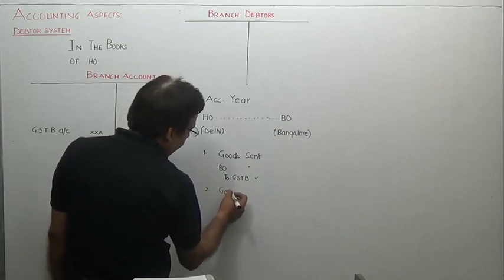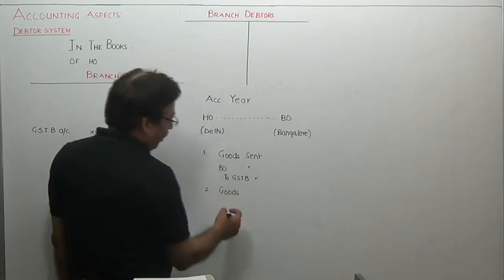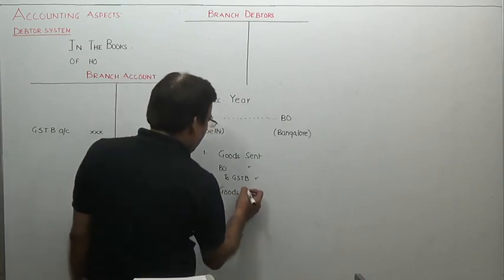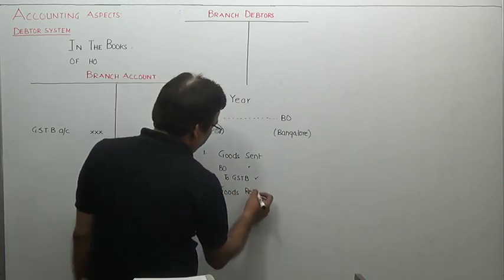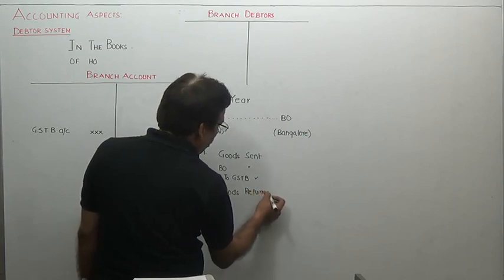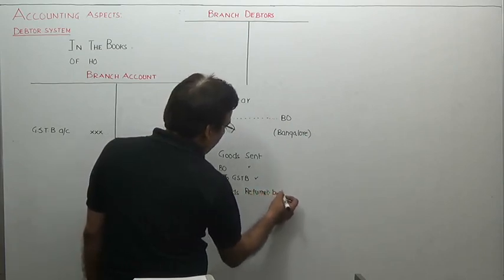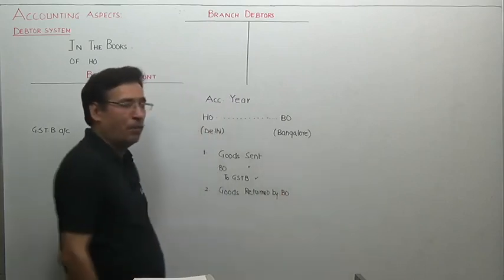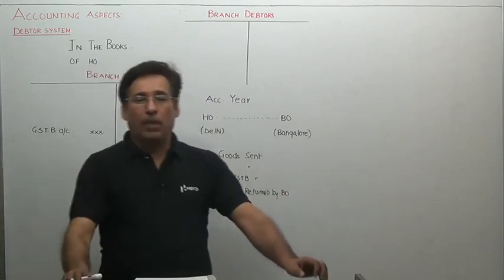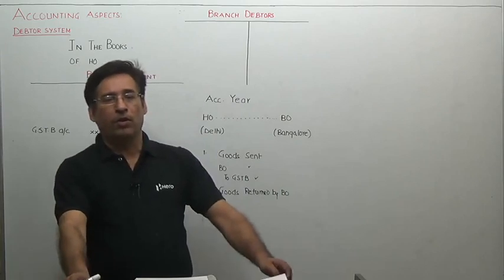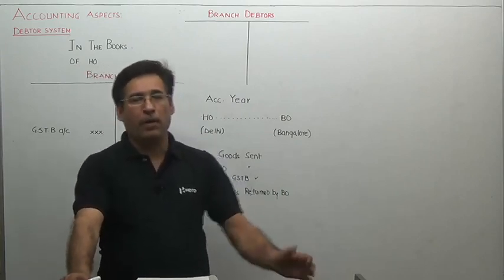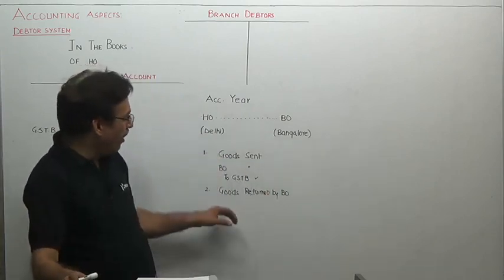We would see often later on while solving the question that this transaction would be given to us: goods returned by branch. Goods returned by branch means whatever goods have been sent by head office to branch, the branch did not find those goods in proper condition, and the branch returned them back to head office.